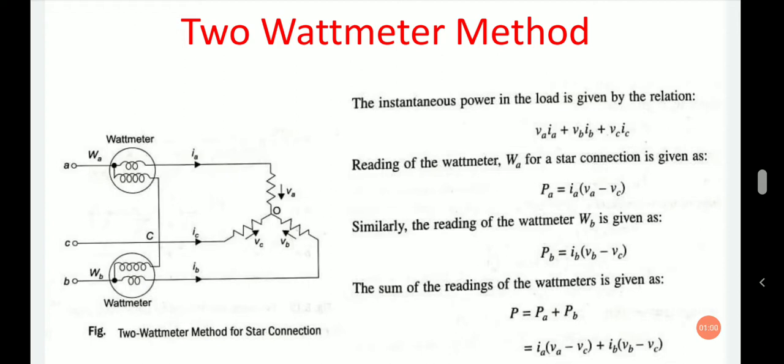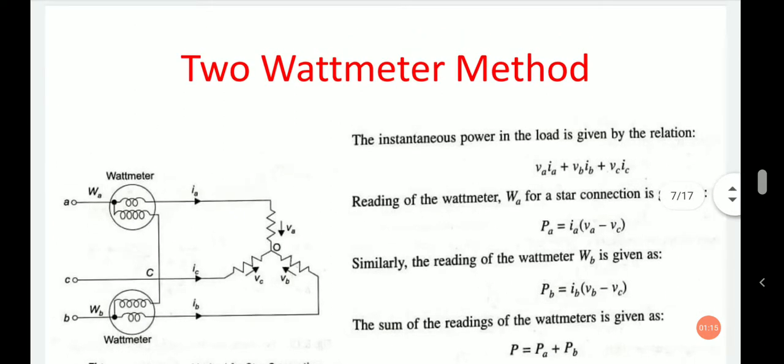According to Blondel's theorem, if the common point of the pressure coil is made to coincide with one of the lines, then only n minus 1 wattmeters are required for an n phase system.